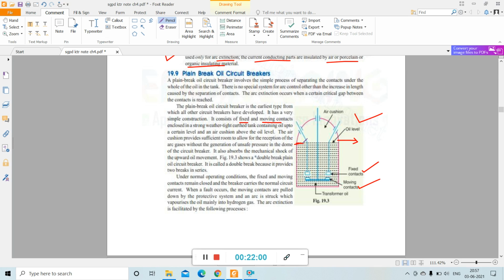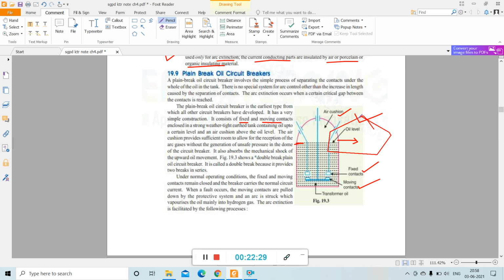And there is an air cushion above the oil level, shown here. The air cushion provides sufficient room to allow for the reception of the arc gases without generation of unsafe pressure in the dome of the circuit breaker. It also absorbs the mechanical shock of the upward oil movement.